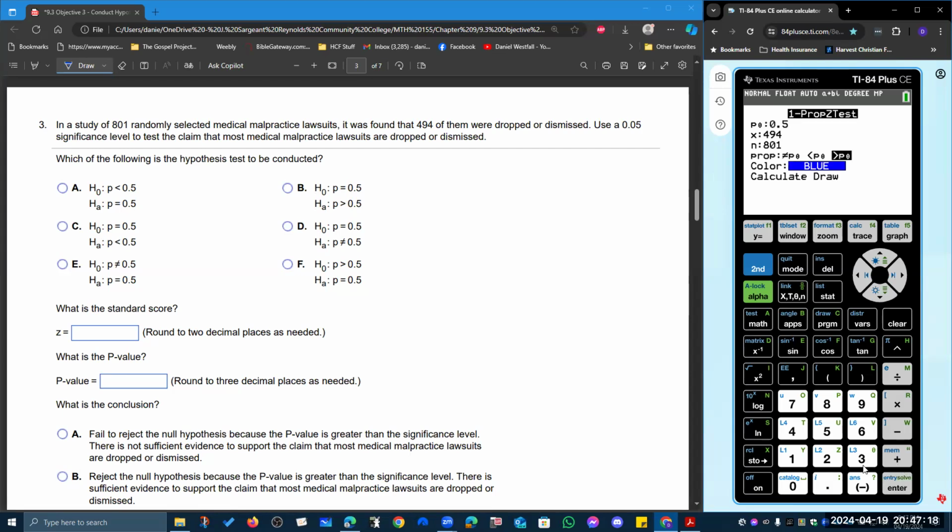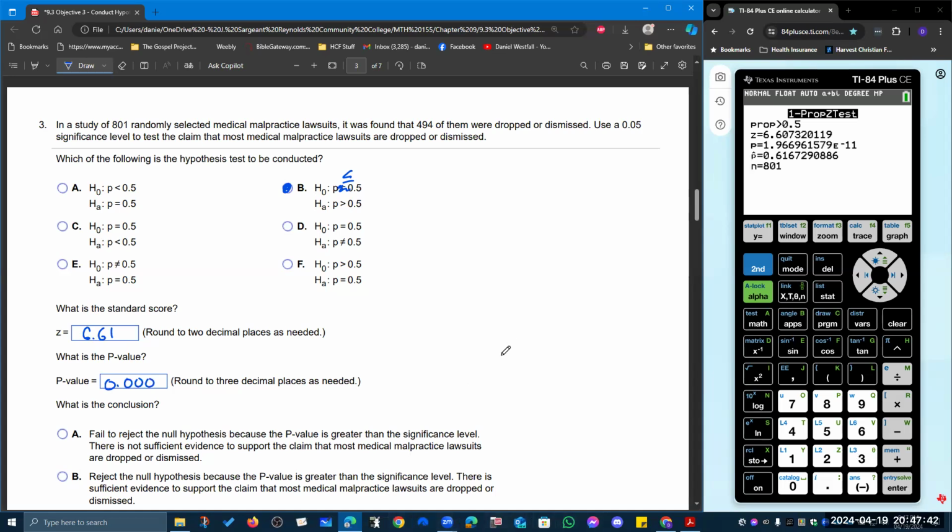And this one should be less than or equal to. And 6.61, which means we're going to have a p-value that's basically 0.